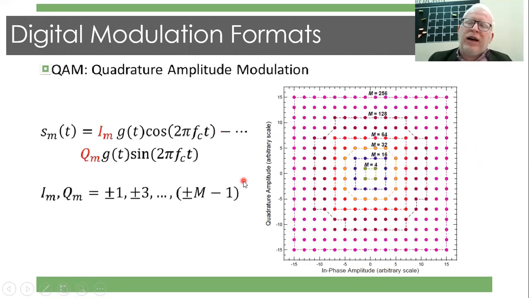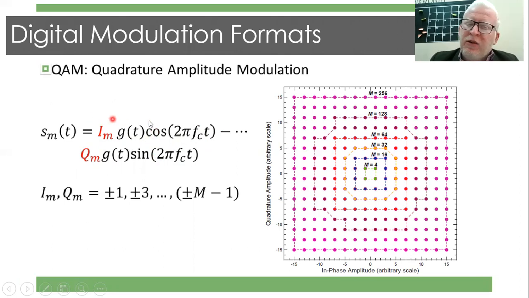Finally, we have, as I mentioned, the most famous digital modulation technique, which is called quadrature amplitude modulation, or QAM, where we have 2 main components: what we can call the in-phase component and what we can call the quadrature component. And as you can expect, the phase shift between these 2 components is 90 degrees.